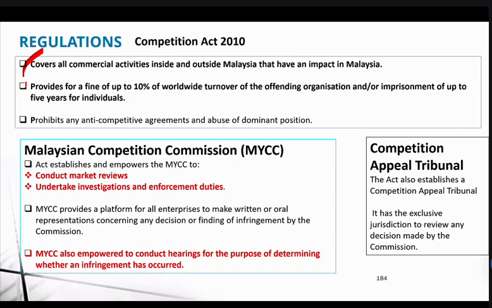So this is an example of the Competition Act.